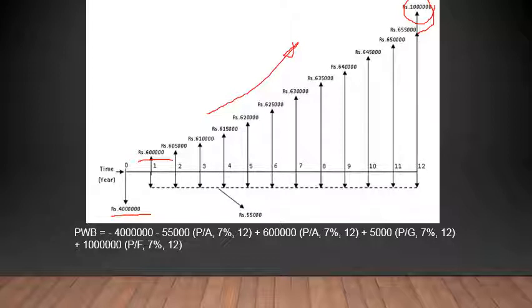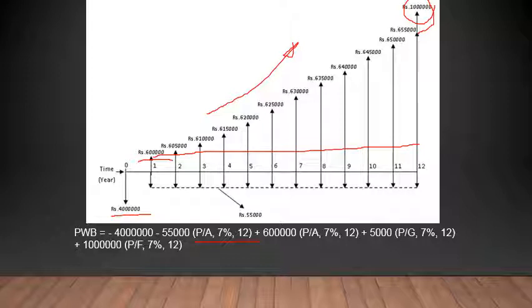It is A. Convert that into P using the factor P by A comma 7 comma 12 because there are 12 flows. Next, 6 lakhs, the annual income, plus 6 lakhs because it is annual revenue or annual income. This 6 lakh flows continuously for 12 years for sure.